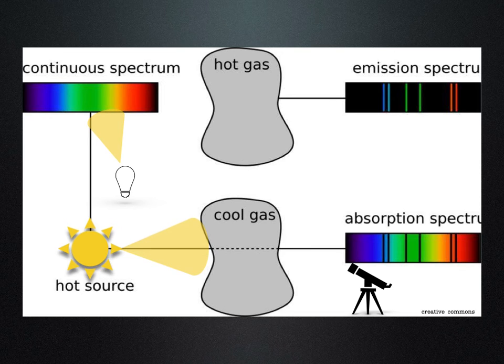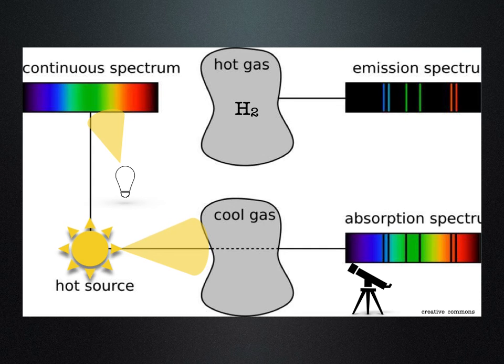You can look at the light coming through that nebula, and the gases in that nebula are going to absorb the energy from that white light source. And so when you look at the light passing through the cool gas, you're going to get what are called absorption spectrums. There's going to be blanks where those lines would have been in an emission spectrum. And so we can figure out what is in various astronomical objects by using this spectral analysis.